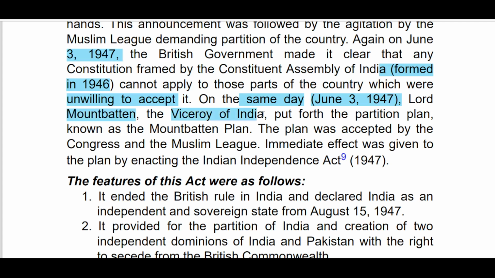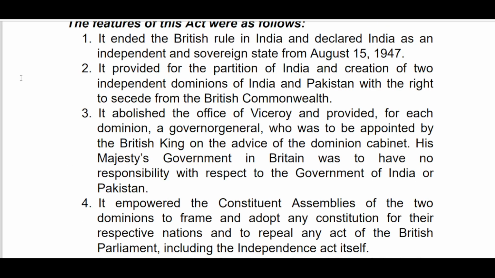On the same day, on June 3, 1947, Lord Mountbatten, he was the Viceroy of India at that time, put forth the partition plan known as the Mountbatten Plan. This plan was accepted by the Congress and the Muslim League. Immediate effect was given to the plan by enacting the Indian Independence Act of 1947.